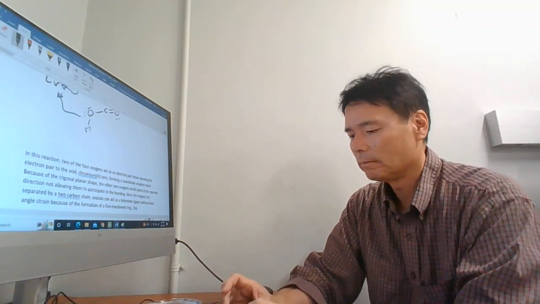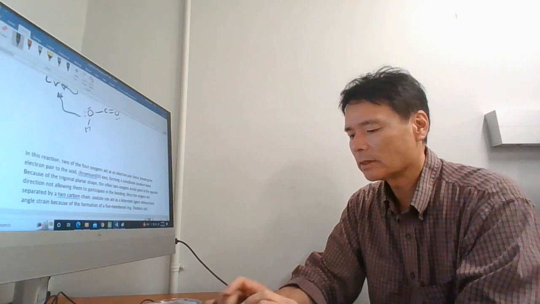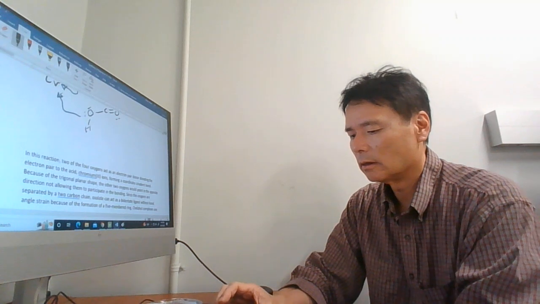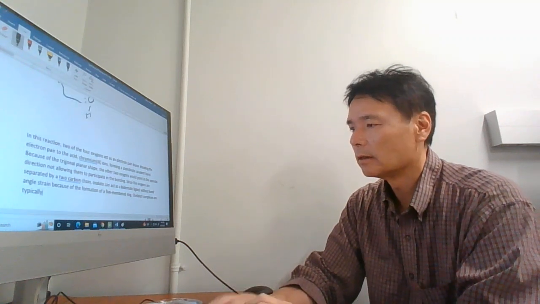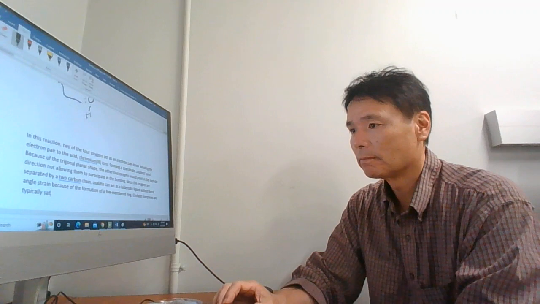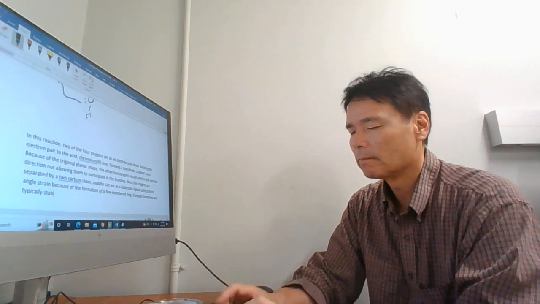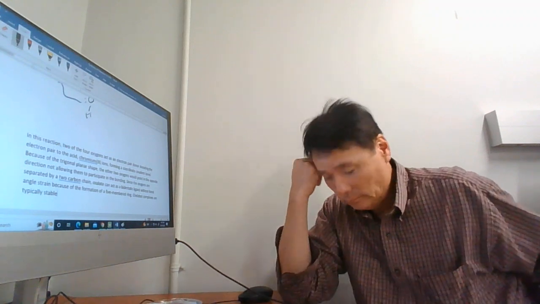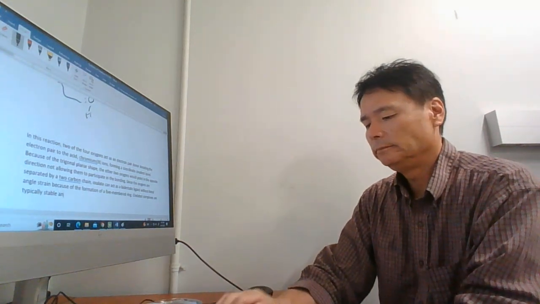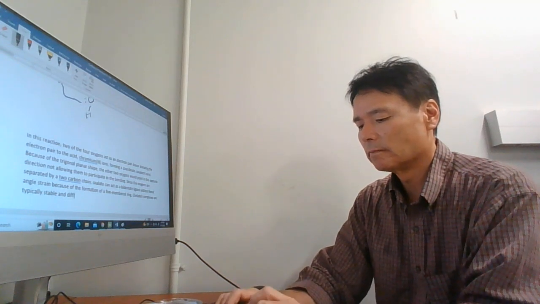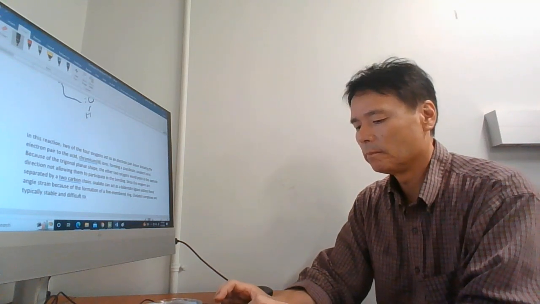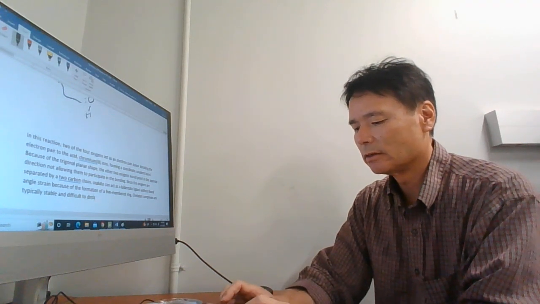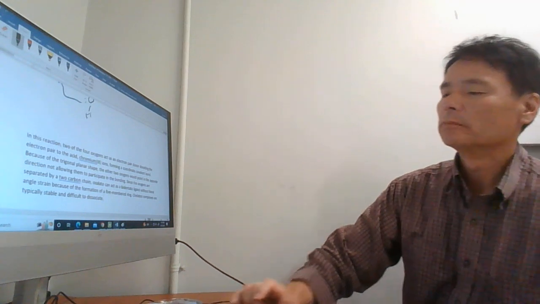Chelated complexes are typically stable and difficult to dissociate or break apart.